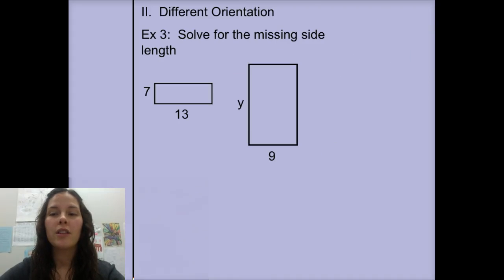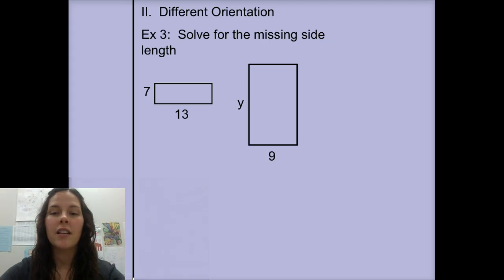The first two that we looked at, our shapes were set up with the same orientation. So that meant when you looked at them, you could see the similarities. Now when we look at them, you can tell that our larger rectangle was rotated 90 degrees from the smaller rectangle. So what that means is we need to be extra careful when we set up our proportion.